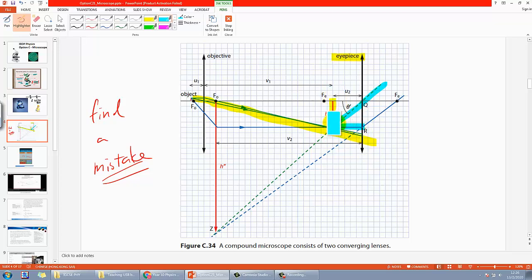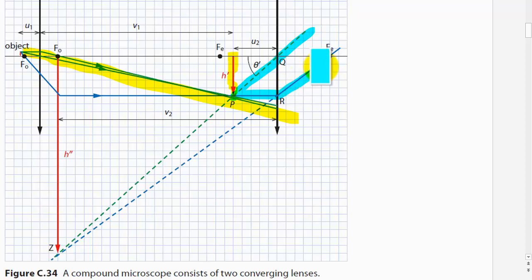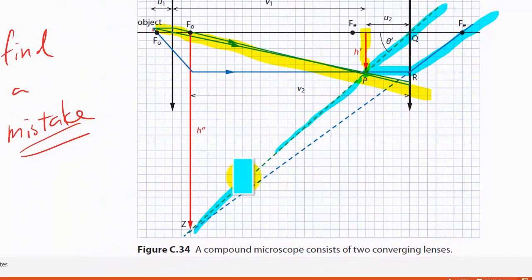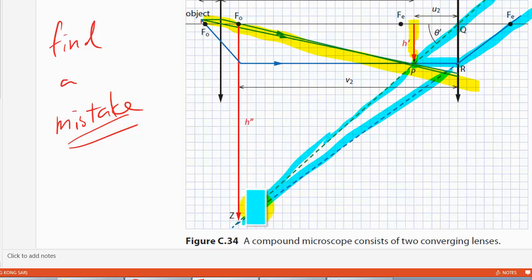The light of course radiates out in all directions, so you choose the one that goes parallel to the principal axis and then through the focus here. You will find that they are diverging, and that's very normal, and you can project backward and form a virtual image here, and that's how you see the final image.